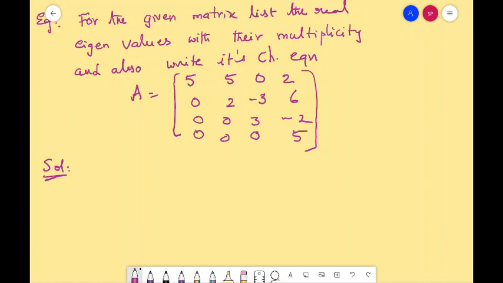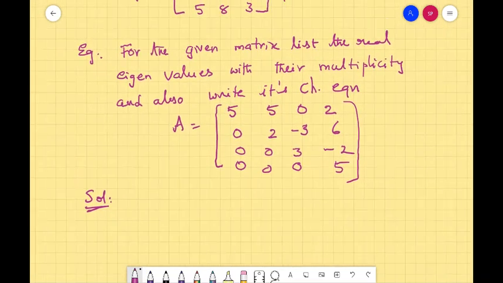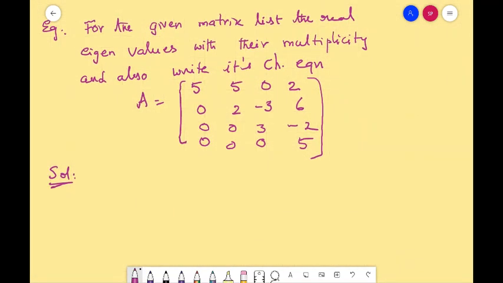If you observe, the given matrix is a triangular matrix, because how do you identify a triangular matrix? If you highlight the principal diagonal elements, and all the elements above or below the principal diagonal are zeros, here you can observe below the principal diagonal all these elements are zeros.